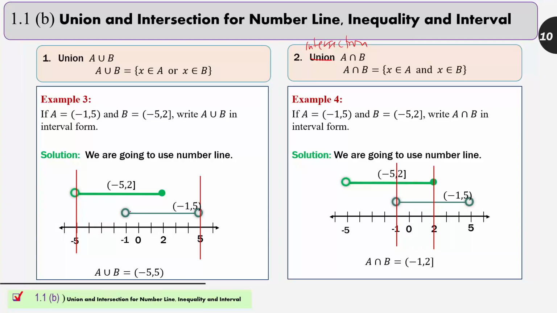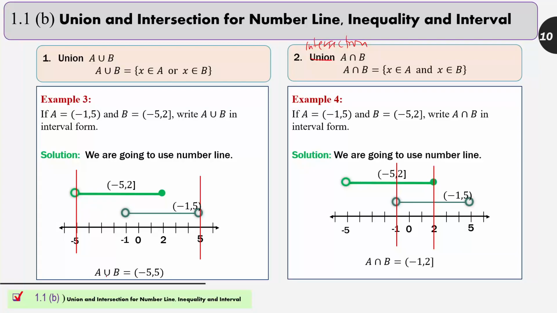For union, we only look at the leftmost and the rightmost. As long as in the middle they intersect, it means this line is actually continuous.